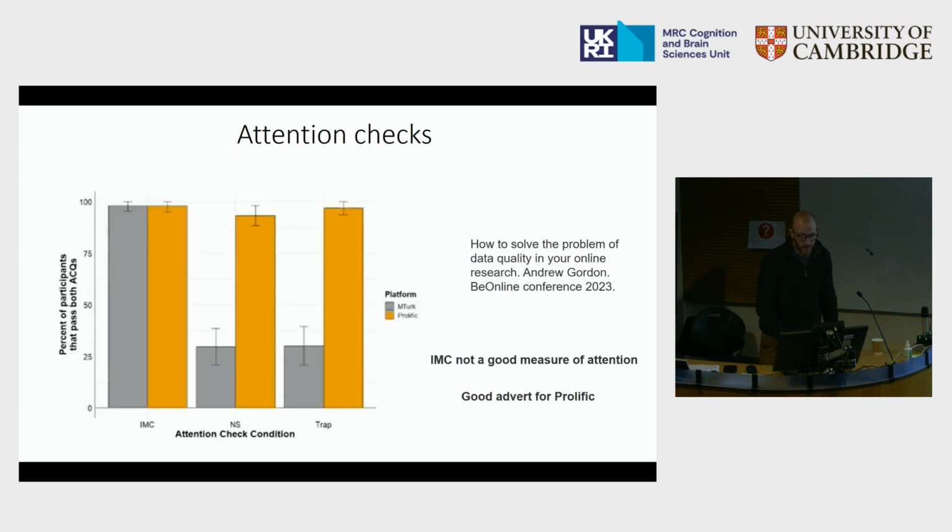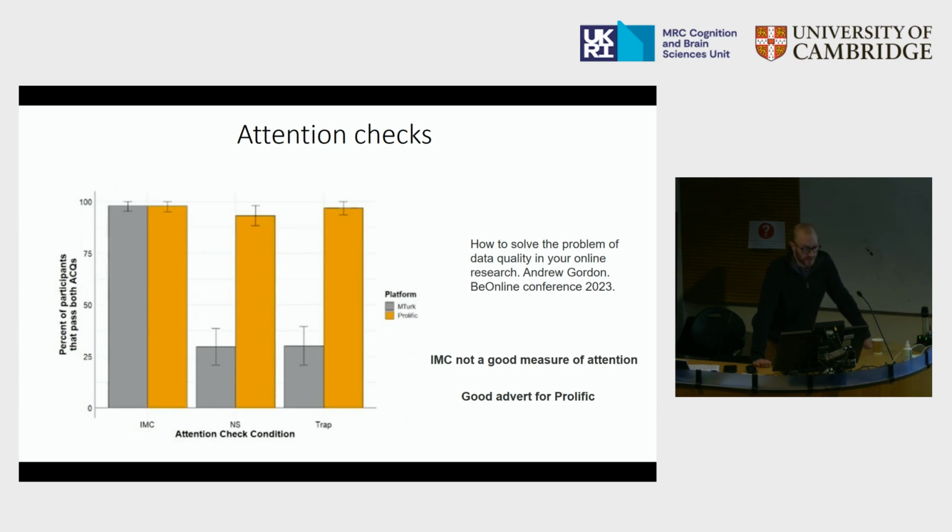And here is some data to back up how these nonsensical checks and trap questions are better than the instructional manipulation checks, like please select blue. This was, again, a study that Andrew Gordon presented. As you can see, with the IMCs, everyone passes, including bad actors.